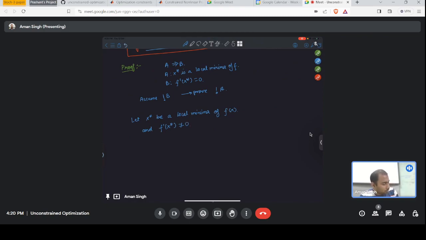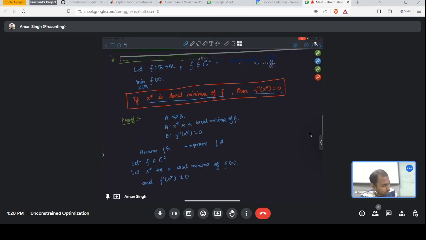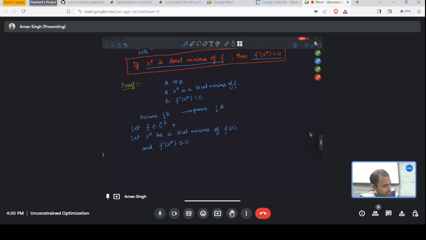Before moving forward, we'll also assume that f is a continuously differentiable function, because we are given that here, continuously differentiable, which means the first derivative is continuous. I hope this makes sense.